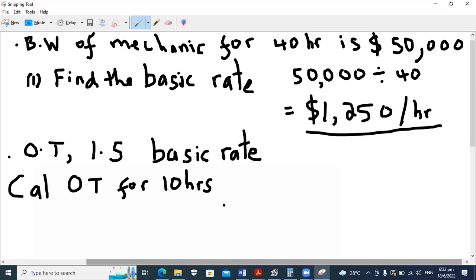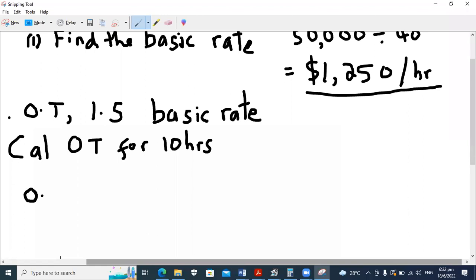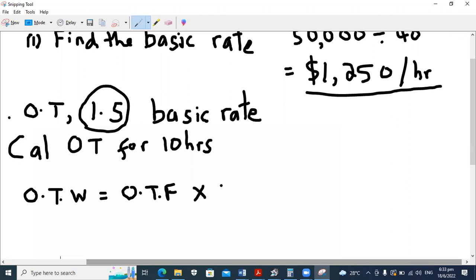You wouldn't add it on, you times it. So the overtime wage would be the overtime factor, 1.5, multiplied by how many hours you worked, which is 10, multiplied by the basic rate, which is 1,250.